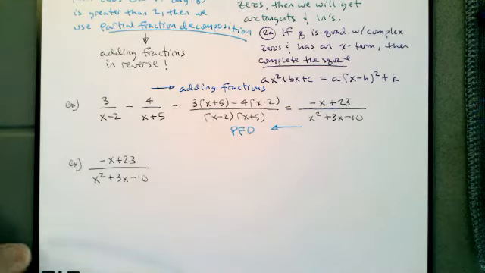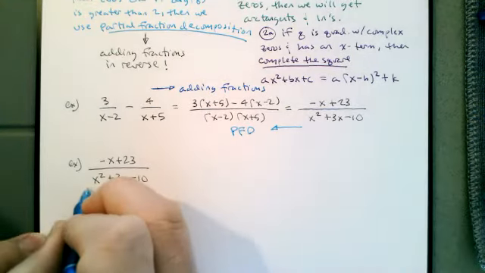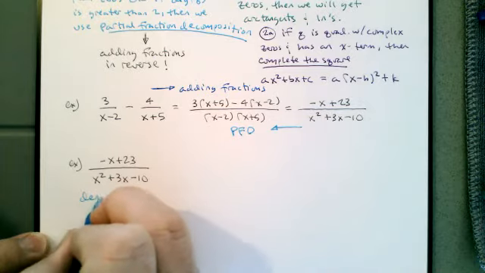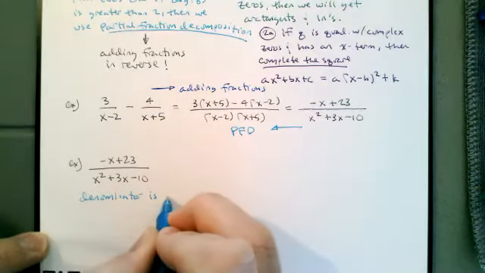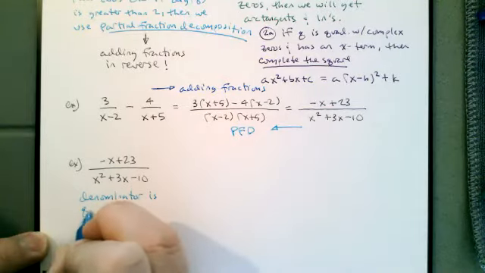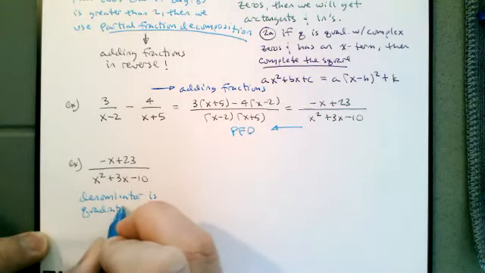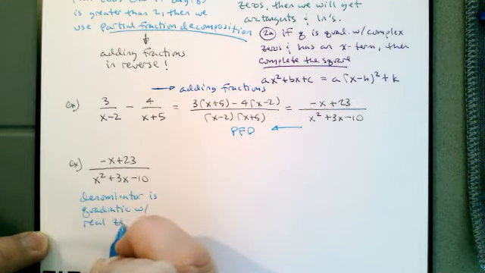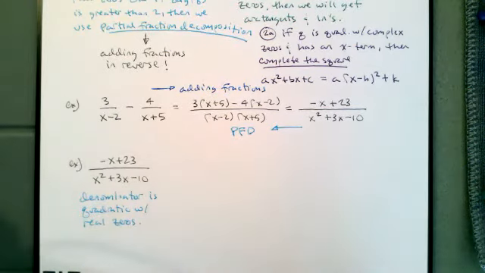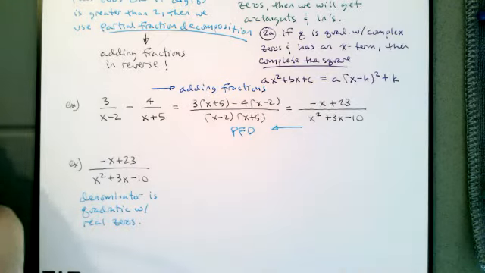So we notice that the denominator is quadratic with real zeros. We know this because we can factor it. A plus 5 and a minus 2, that's how we'll factor the denominator.